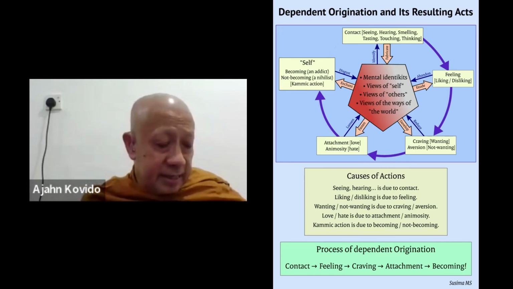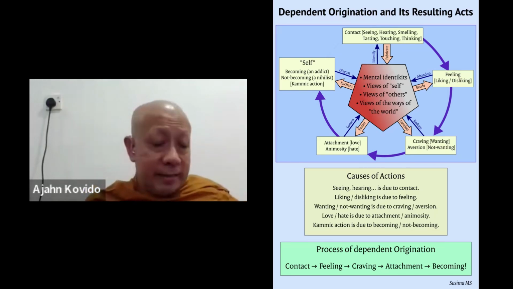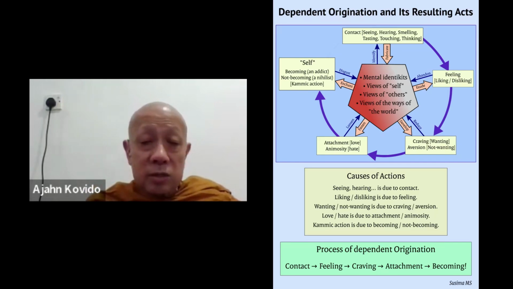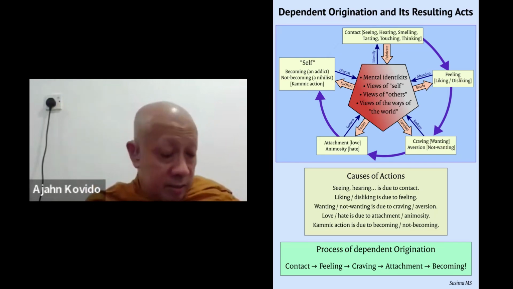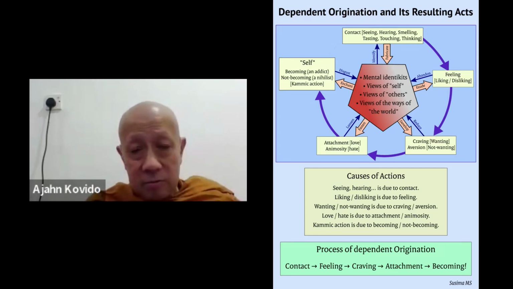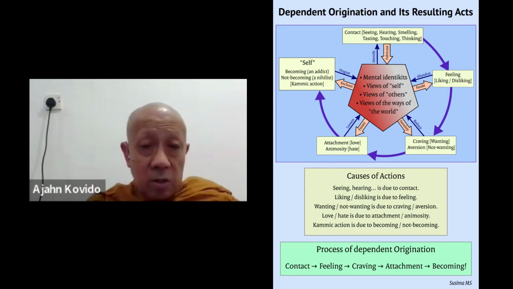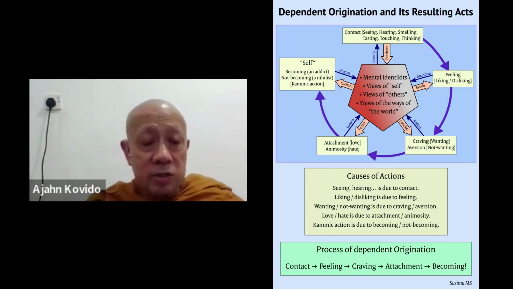If we are at a stage of attachment or animosity, or love and hate, right, then you want to learn to loosen it. We do not want to fasten onto that love or fasten onto that hate. We want to loosen it, reduce it.